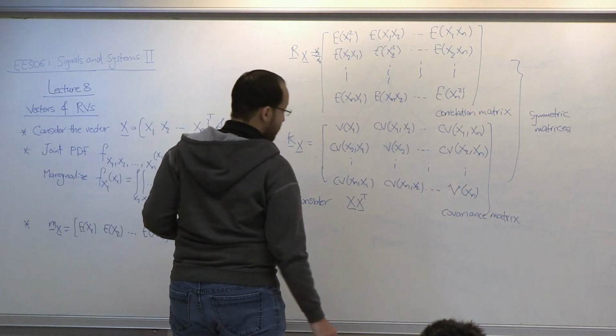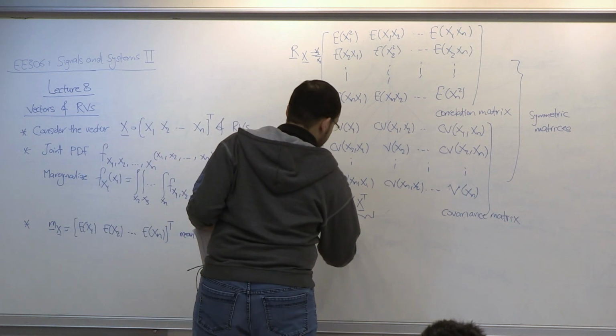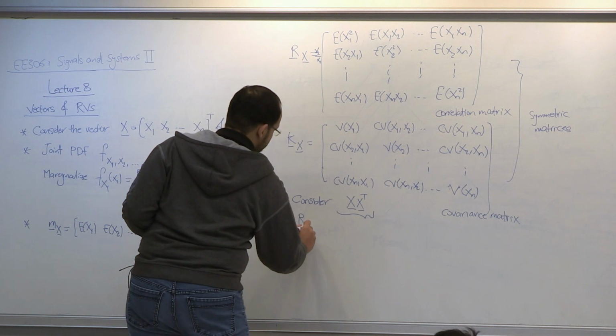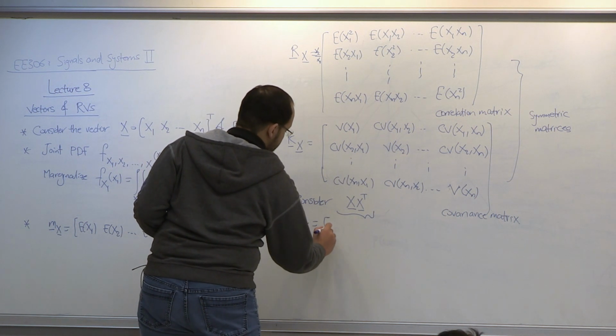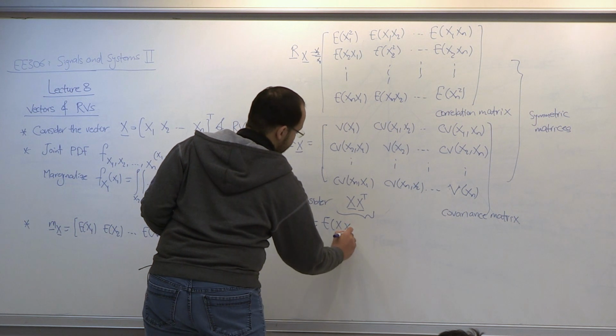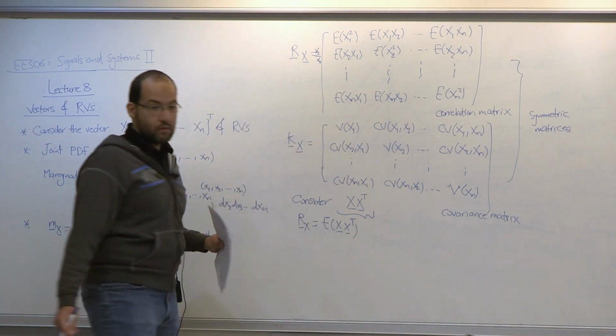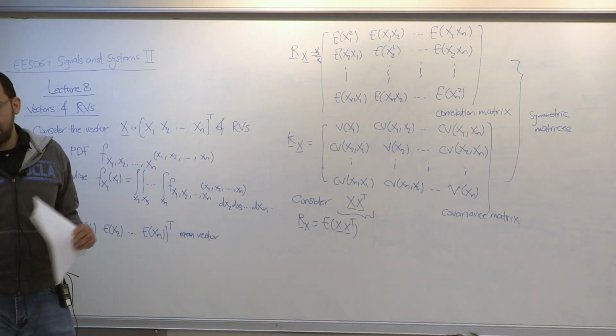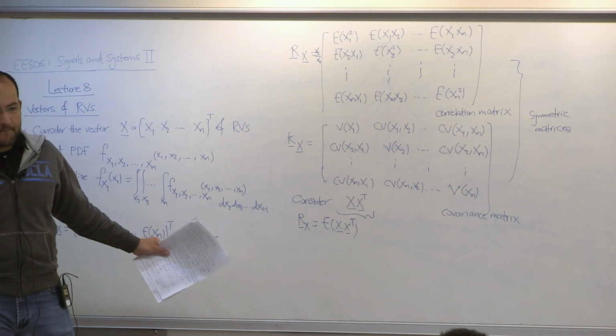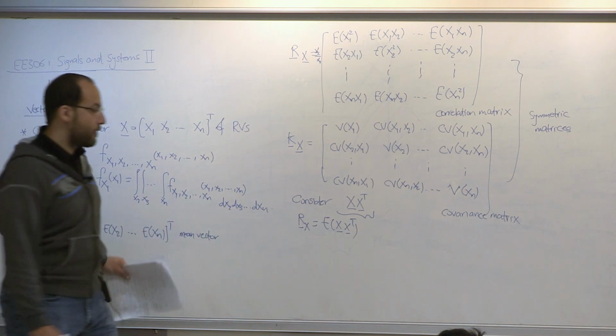Okay, good. So if we consider this matrix, do you have any problem if we write Rx as the expected value of X X transpose? There's absolutely nothing wrong with that.